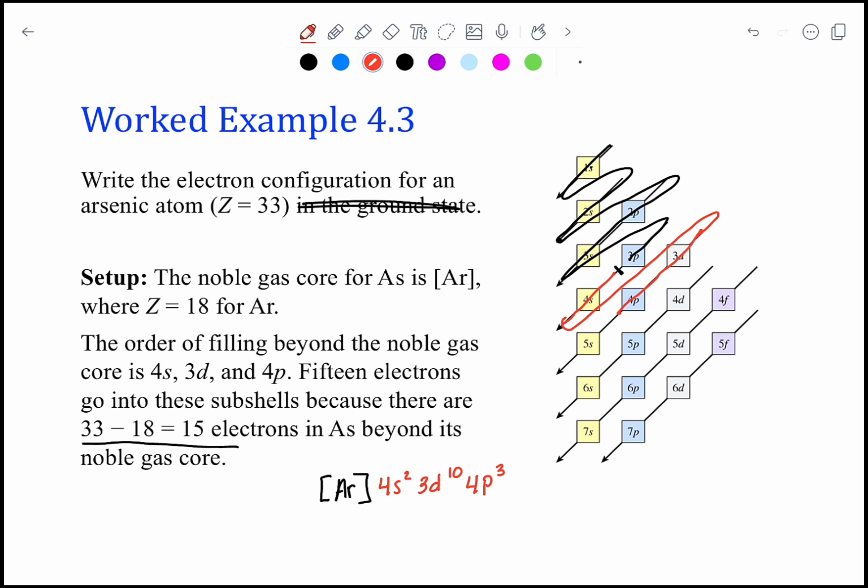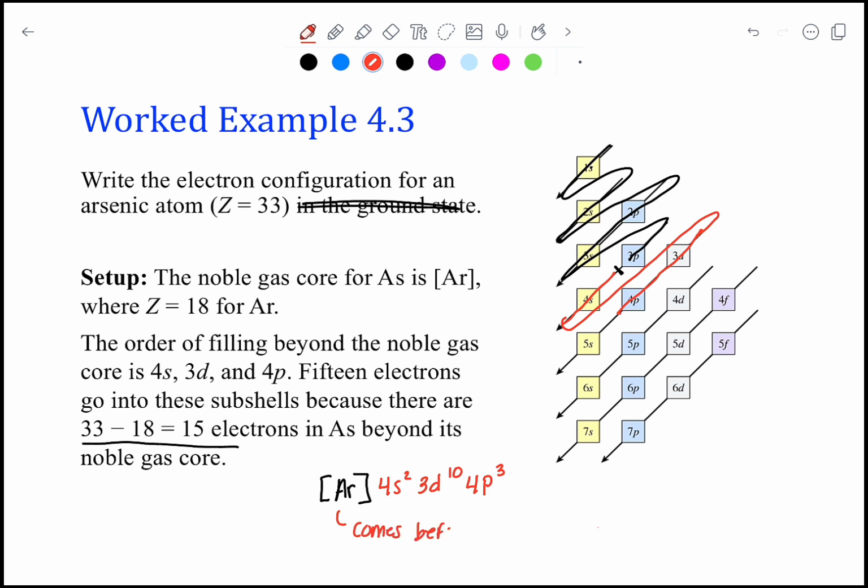So that is our noble gas configuration of arsenic using argon as our noble gas. What we can't do is say, well, krypton is really close to it. It's not like we can say Kr minus 3 electrons. We can't do that. So it has to be the noble gas that comes before it.